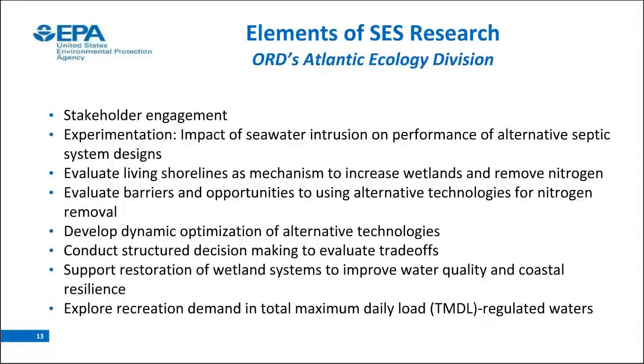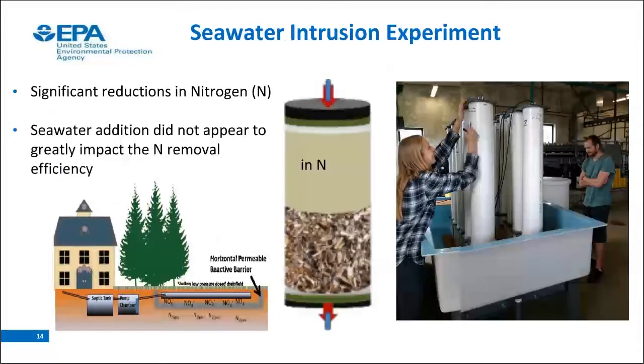Looked at how we might do optimization of alternative technologies to evaluate in a dynamic context how mixes of technologies might be used, developed structured decision-making tools, looked a little bit at some of the restoration of wetland systems, and ultimately also explored recreational demand in waters. Recreational demand as it relates to water quality in these systems, or perceived water quality. So I'll talk briefly on each of these and what we found.